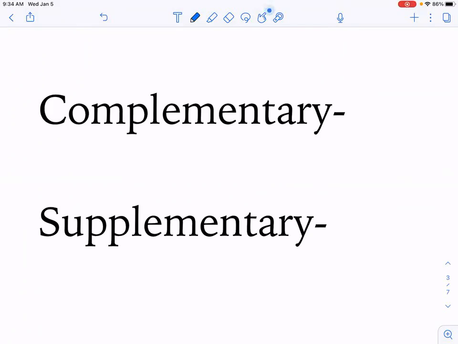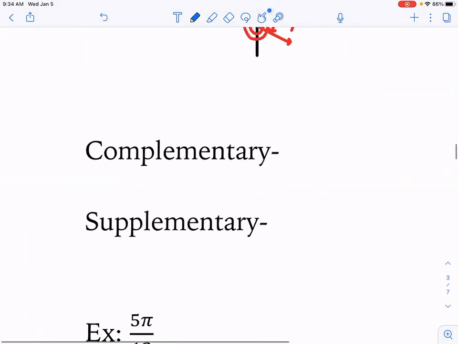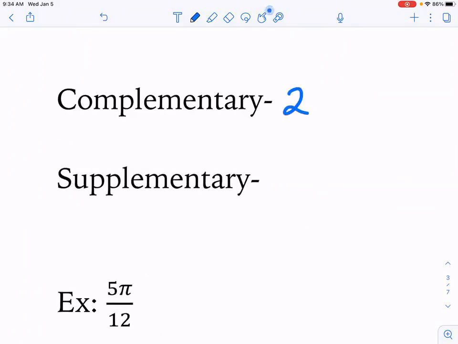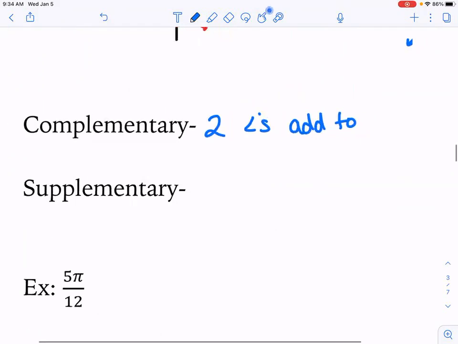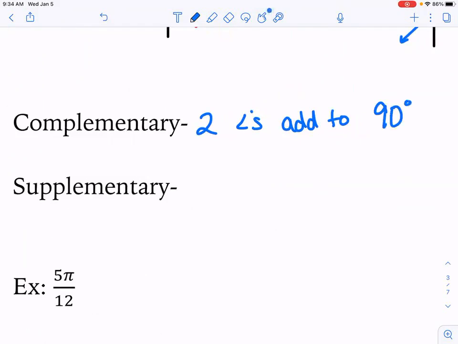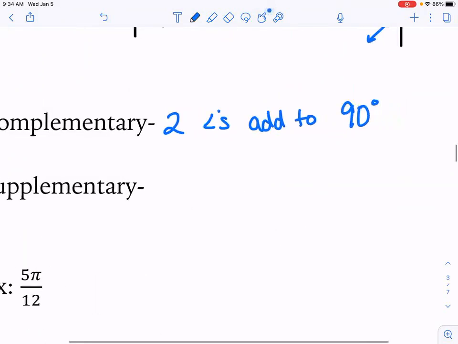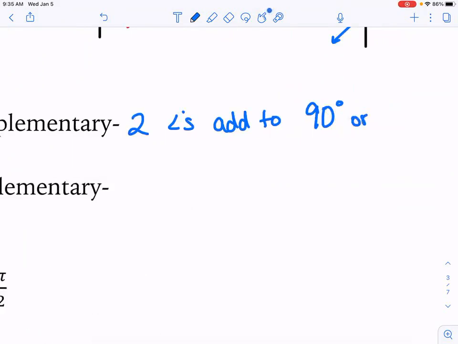Nicolette, 2 angles are complementary if... And since we know radian measures also, 90 degrees is the same thing as pi over 2. So if you have a radian measure, there are going to be 2 angles that add up to pi over 2.